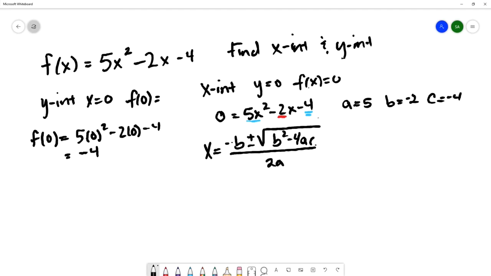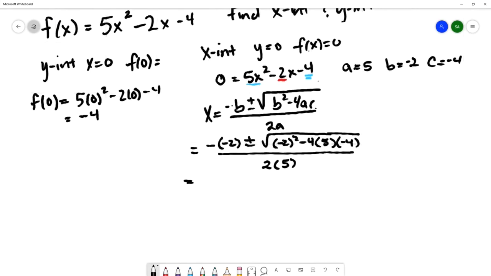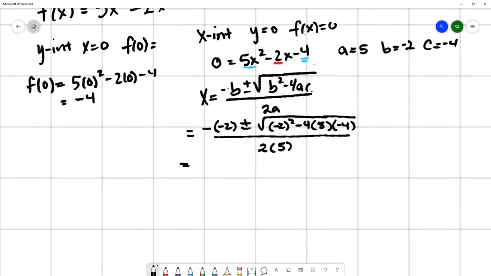So I'll substitute these values into the formula. That's -2 plus or minus the square root of -2 squared minus 4 times 5 times -4. All of this over 2 times 5. Once I've got it substituted into the formula, I'm going to follow order of operations to simplify.